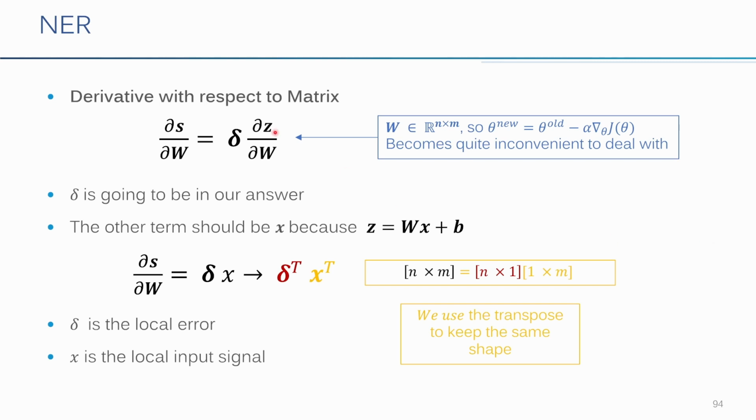So the thing is, when we do the partial derivative of z with respect to w, we'll see that because of the dimension, things get a little bit annoying to deal with. So one way of dealing with that, you'll see very often that we'll do the transpose of those vectors simply because it will make things easier for us to calculate.